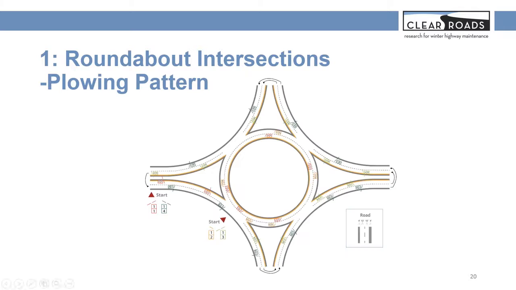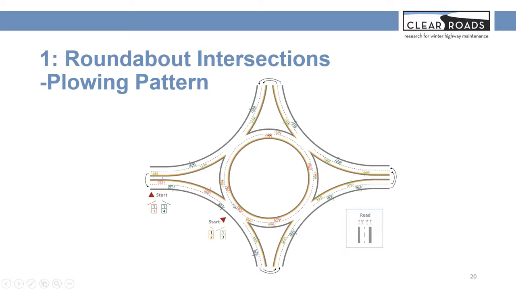Here is a diagram to show the plowing pattern to clear the roundabout intersection. As you can see, the truck enters the intersection from the west end. This is the starting point, with the left wing extended and the front plow pushing snow to the left, and it clears the inside lane first.